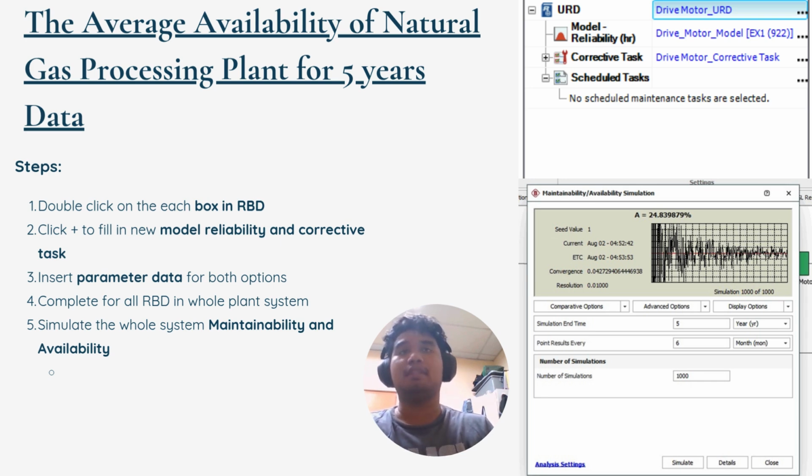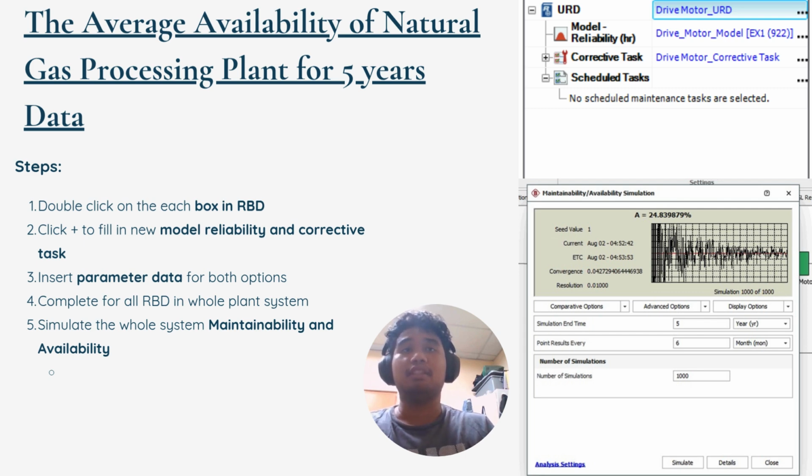After that, we enter the parameter data, including failure and repair distributions for both reliability and corrective action, based on our earlier analysis. Next, we repeat this process for every block in the plant system to complete the entire RBD model. And finally, we run the maintainability and availability simulation for a duration of 5 years with result output every 6 months.